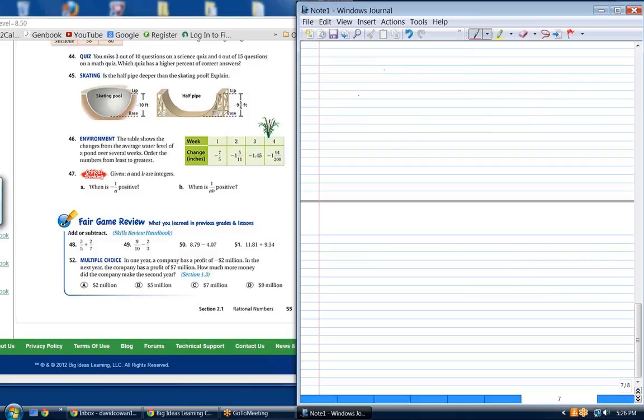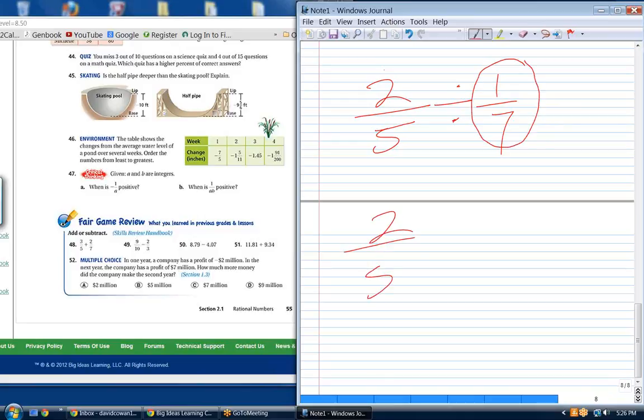In the same way that we always turn division into a multiplication problem. How do we do 2/5 divided by 1/7? You switch the last factor. I flip that and multiply.